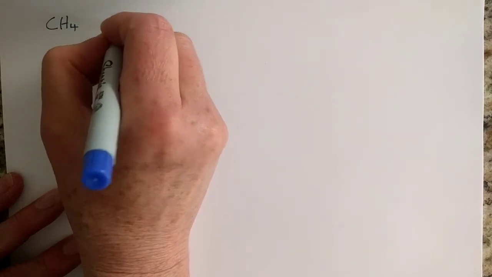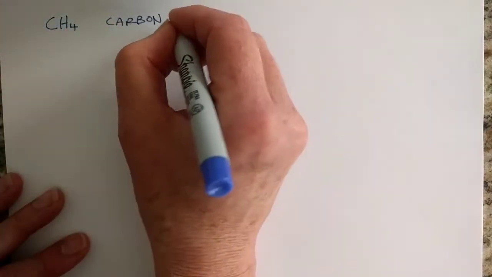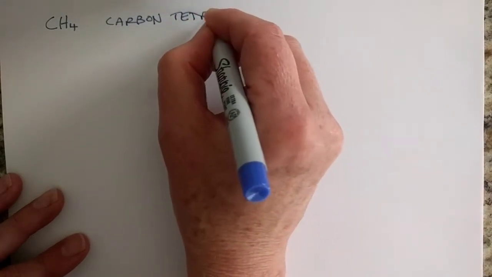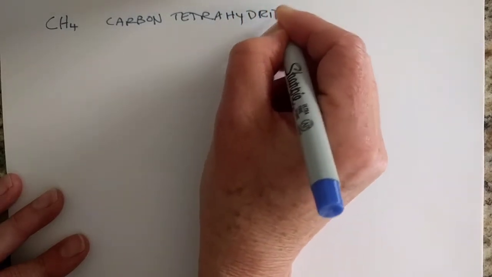Okay, but I am going to talk about some more compounds. Okay, CH4. If we were to do that with the system that we just learned, this would be carbon tetrahydride.